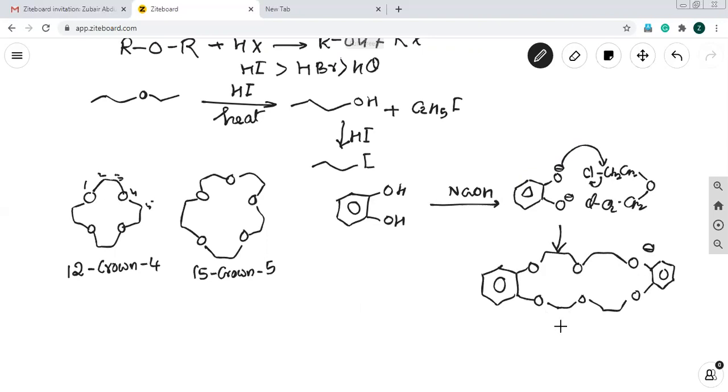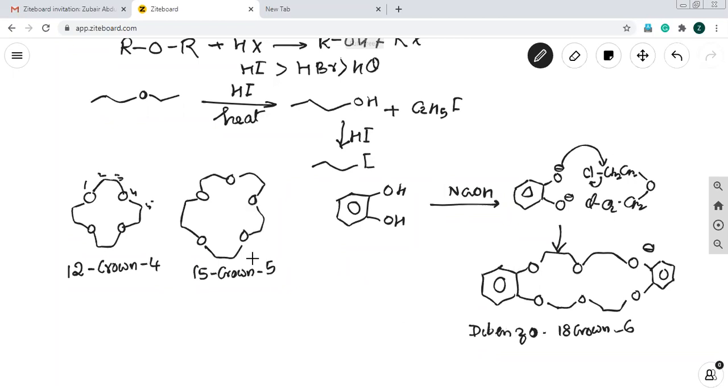So you have 18 crown. 1, 2, 3, 4, 5, 6, and dibenzo. Dibenzo 18 crown 6. Now, so these are the compounds.